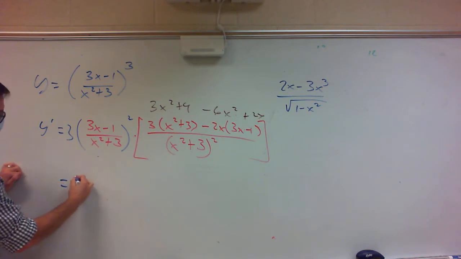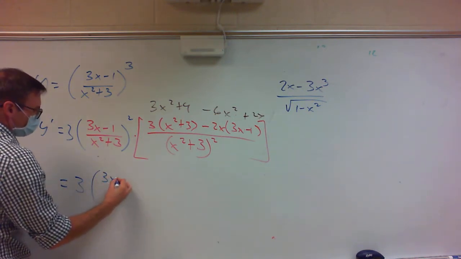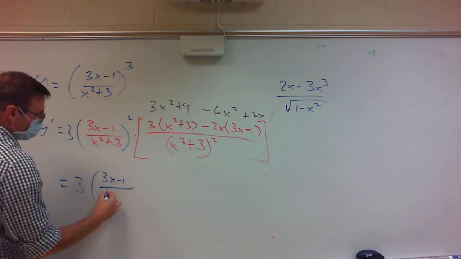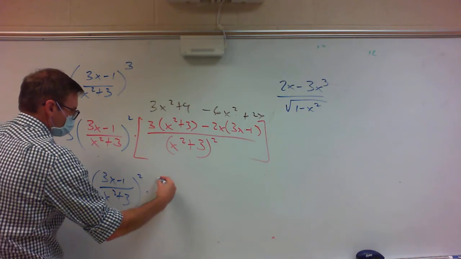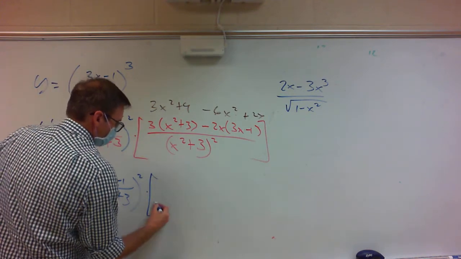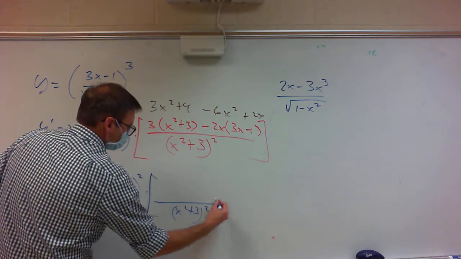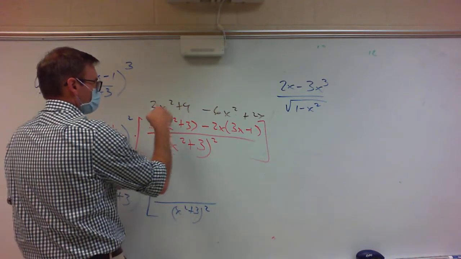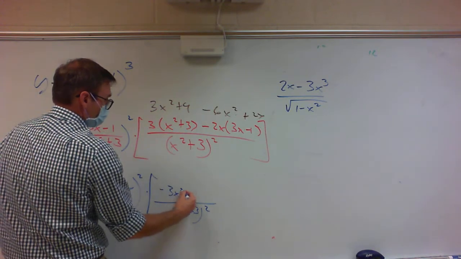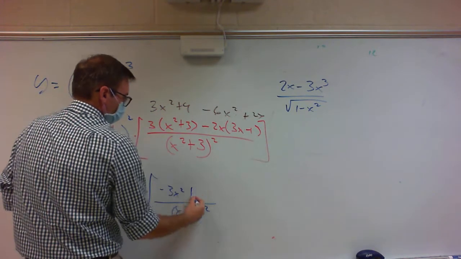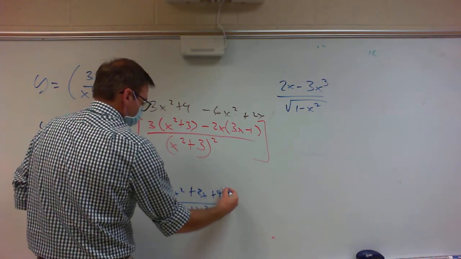And so I end up with 3 times 3x minus 1 over x squared plus 3 squared times, you get an x squared plus 3 squared, and 3x squared minus 6x squared gives me a negative 3x squared. I'll put a plus 2x and then a plus 9.